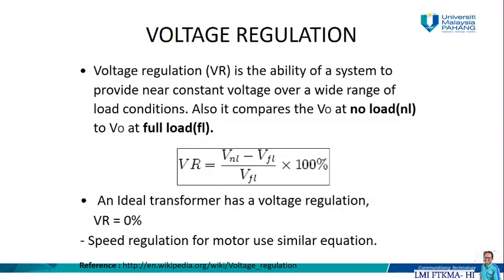And for a motor, we are going to use a different term, which is speed regulation, but the equation is still the same. That's it for our lecture on the first part, electromagnet and transformer. We are going to continue with the second part on motor in a different video.